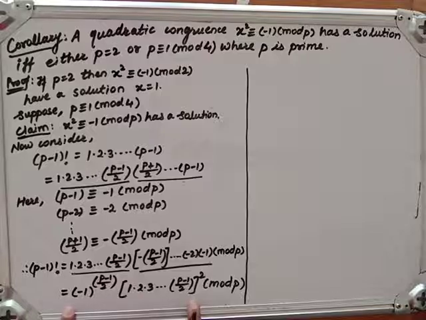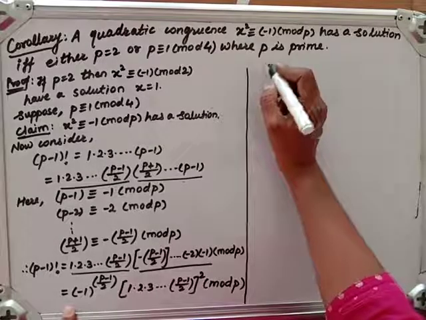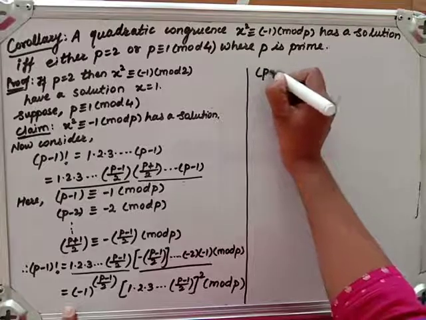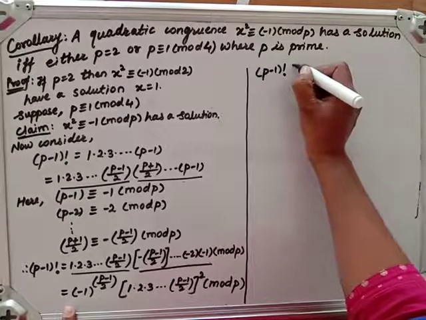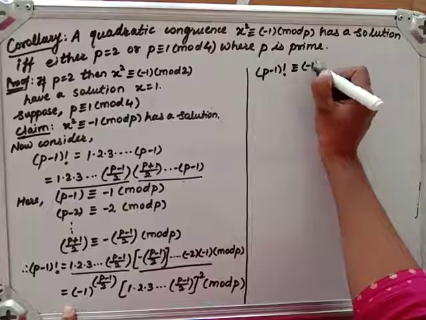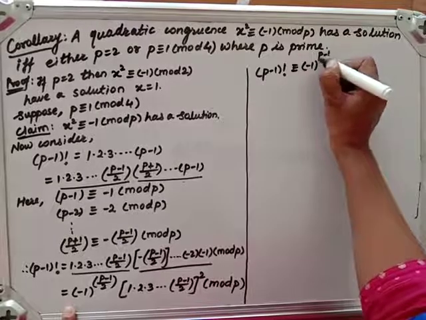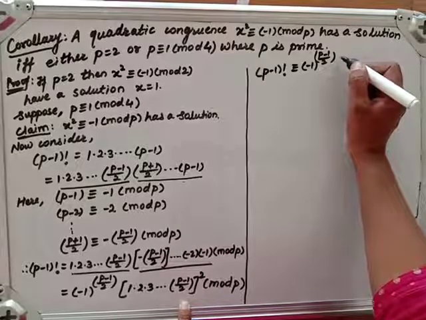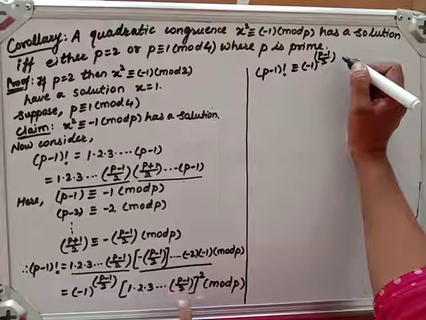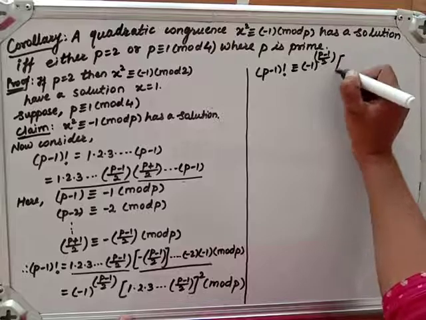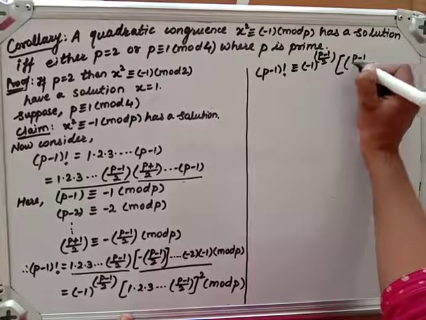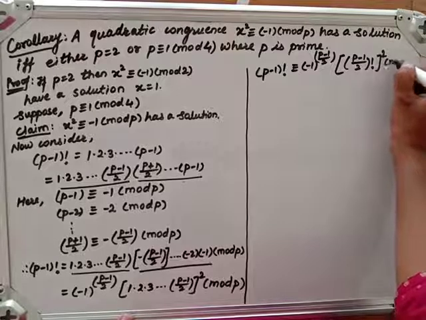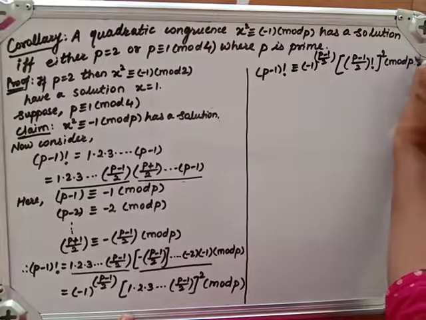Now this is nothing but (p minus 1) factorial congruent to whom? Minus 1 raised to (p minus 1) by 2, and this part is a factorial one, but of which factorial? ((p minus 1) by 2) factorial. So this is ((p minus 1) by 2) factorial squared modulo p.